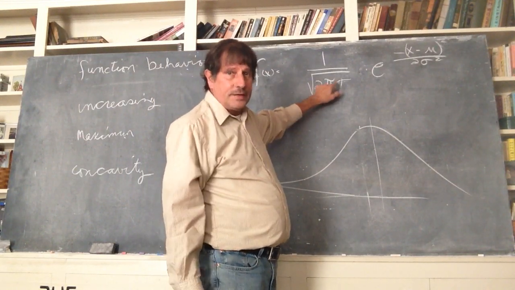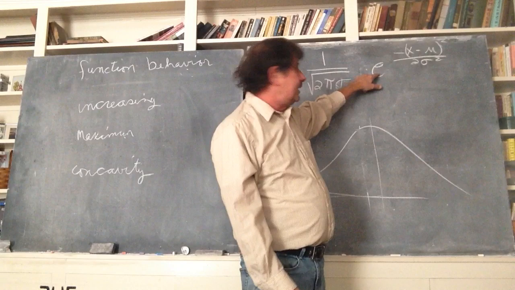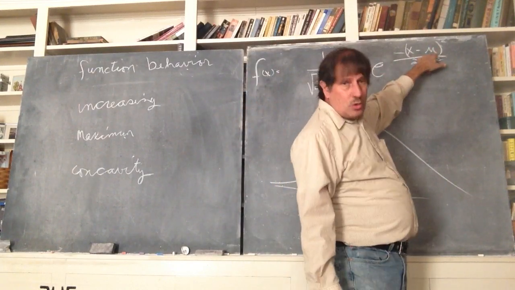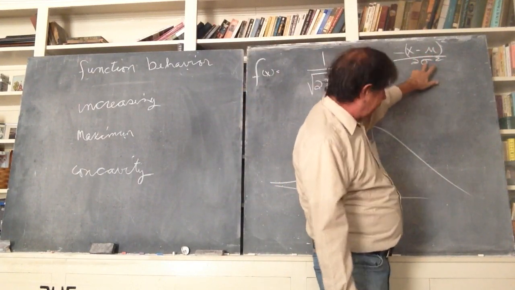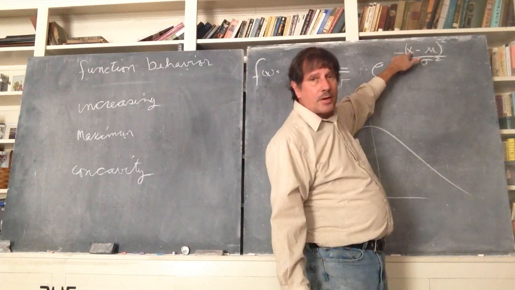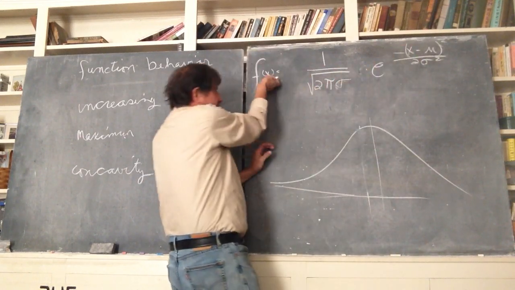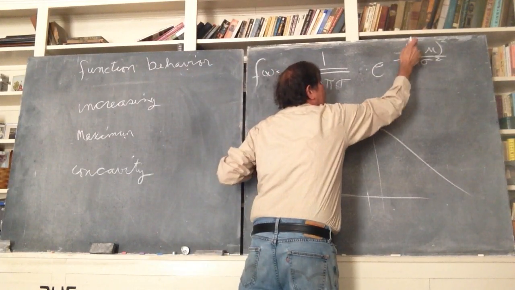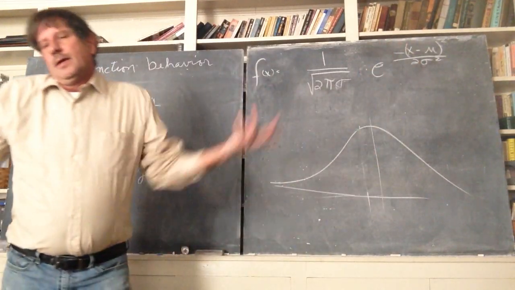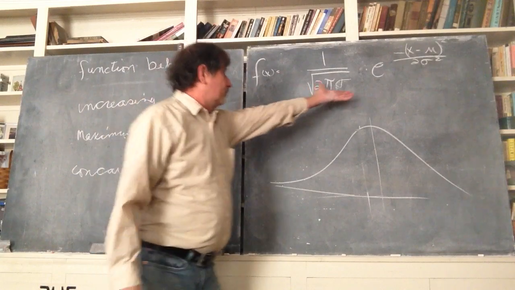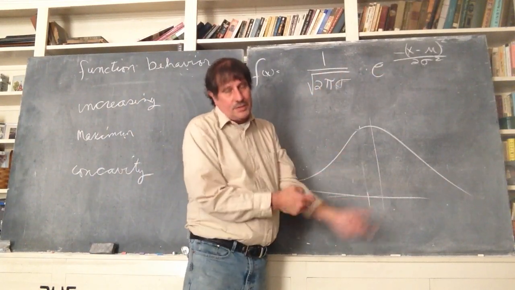Sigma is the standard deviation. E is the number e. Mu is the mean. Sigma, again, standard deviation. That's the variable right there, x. So the function value at x, that's what you put in. If your function value is at 5, you'd put it in right there. Whether or not you've ever seen this, that's the equation for the normal curve.